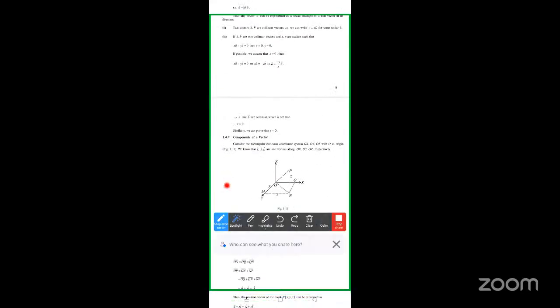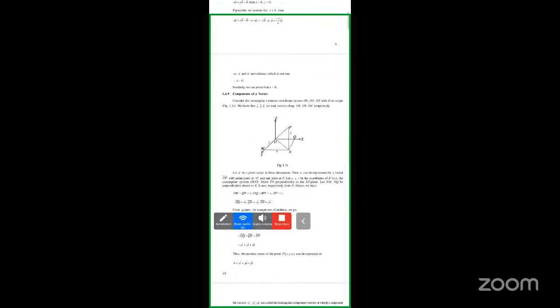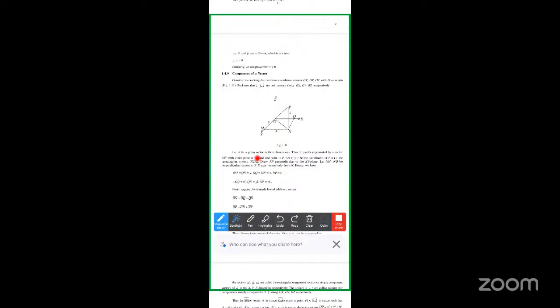Components of a vector. Consider a rectangular Cartesian coordinate system OX, OY, OZ with O as origin. We know that i, j, k are unit vectors along OX, OY, OZ directions respectively. Let A bar be the given vector in three dimensions, then A bar can be represented by a vector OP with initial point at O and end point P. Let x, y, z be the coordinates of P with respect to the rectangular system OXYZ.